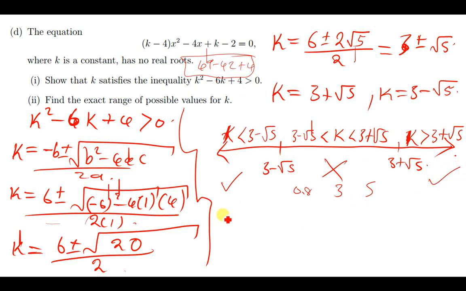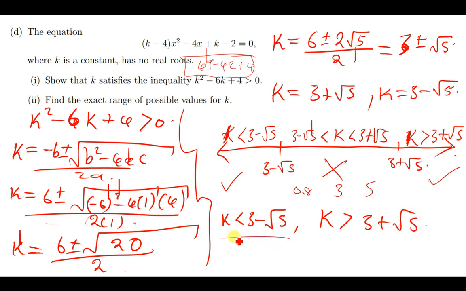So the range of values of k that are needed in this case are simply k less than 3 minus the root of 5 and k greater than 3 plus the root of 5.